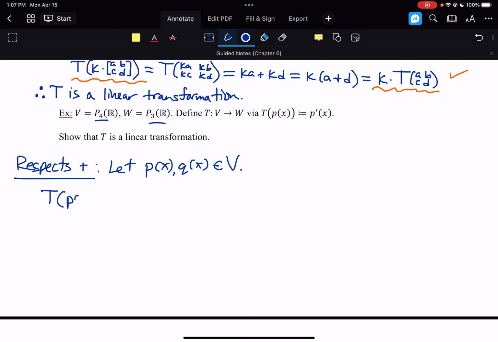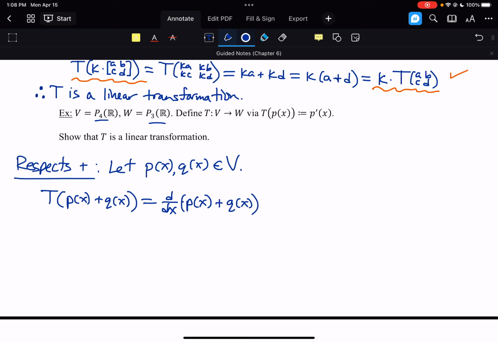So T of p of x plus q of x, the transformation is going to differentiate this function. So we're going to take the derivative of p of x plus q of x.